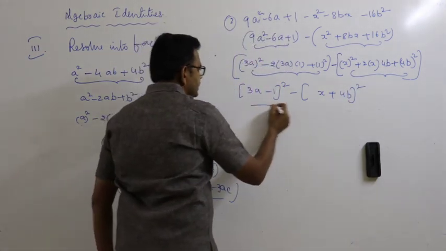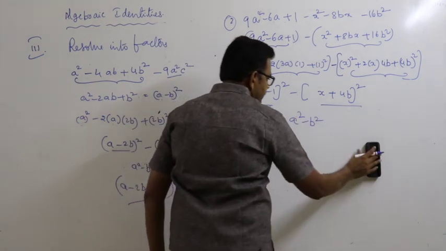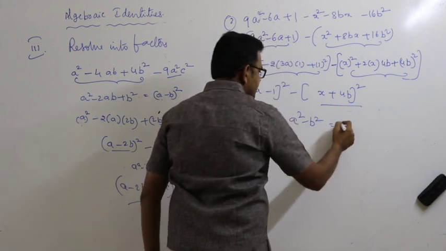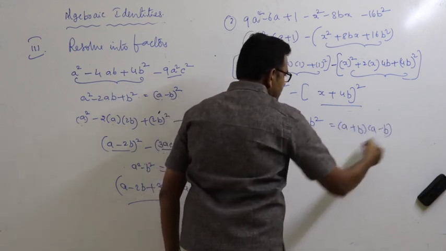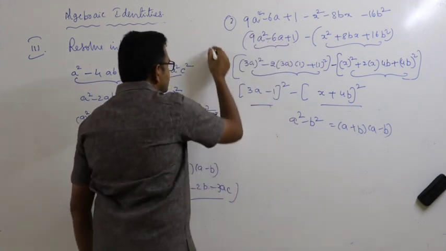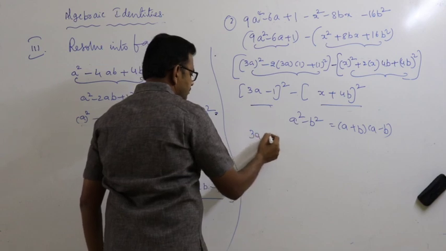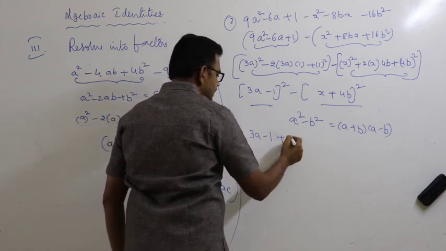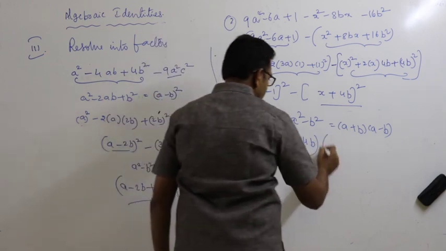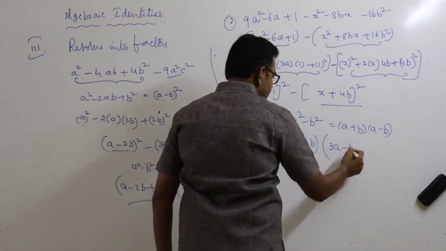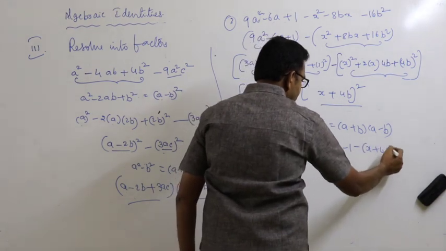Again this is a square minus b square formula, that is a plus b into a minus b. So this is 3a minus 1 plus x plus 4b into 3a minus 1 minus of x plus 4b.